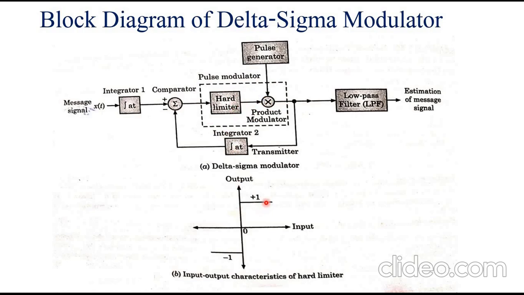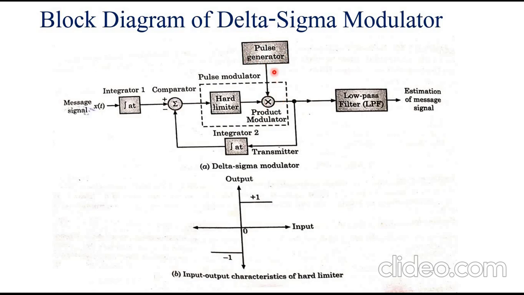If the input is negative, it produces a -1 output, and for all positive inputs, it produces a +1 output. The hard limiter output, basically +-1, is applied to a multiplier, which is the product modulator, and the other input is the clock pulses produced by the external pulse generator. The frequency of the clock pulses should be higher than the Nyquist rate.